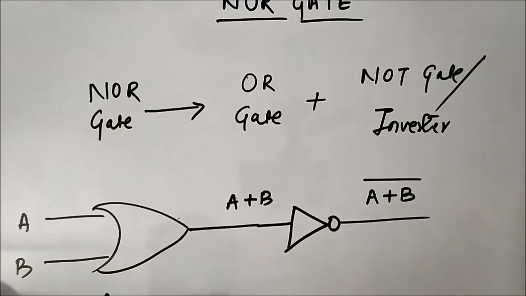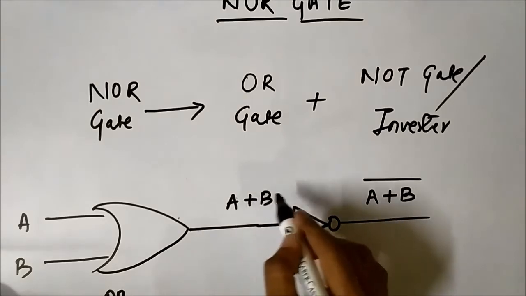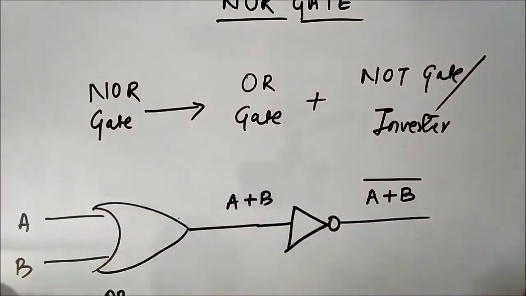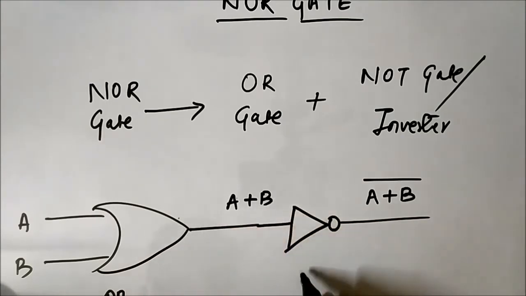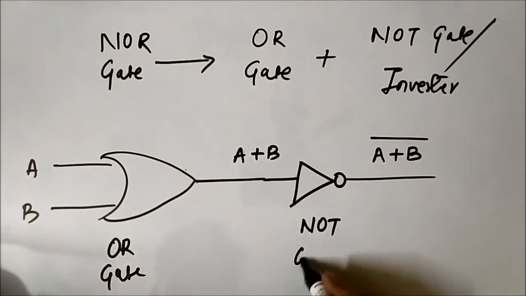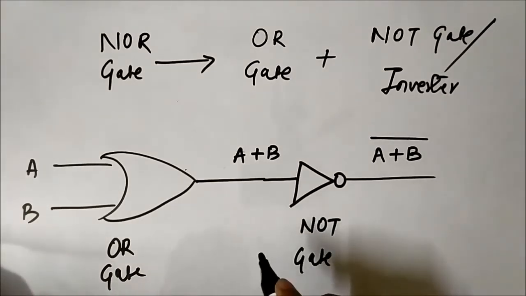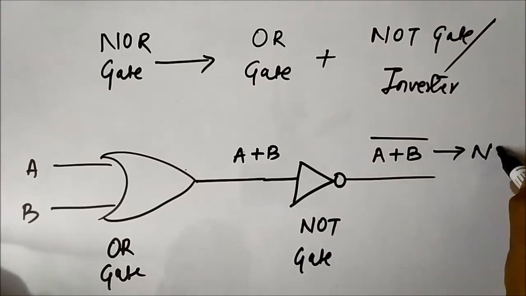So this is the OR gate with the two inputs A and B. We got the output as A or B, the addition of the two signals. This output of the OR gate is fed as input to the NOT gate, and this is the NOR gate output.